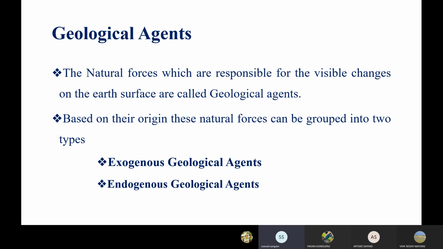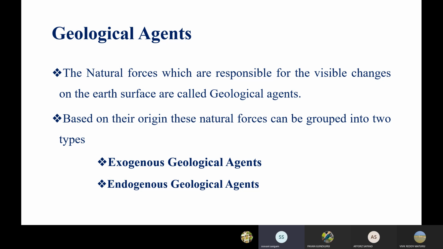Here, natural force. What are the natural forces? Like wind. Here we call it wind. Whenever wind acts on the surface, the earth surface may erode. That type of force we can call a natural force.